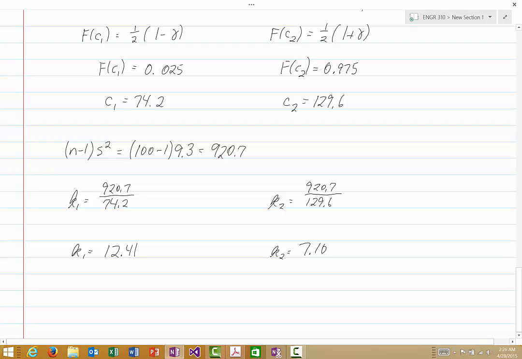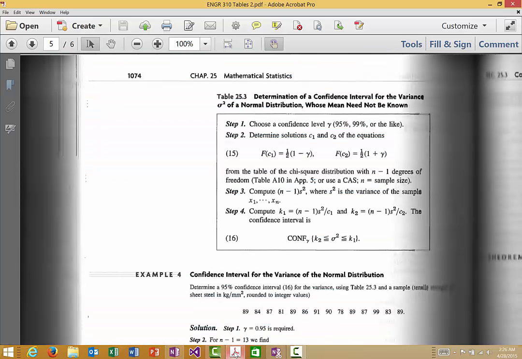And now to finish the problem, the confidence interval is K2 less than or equal to sigma squared less than or equal to K1.